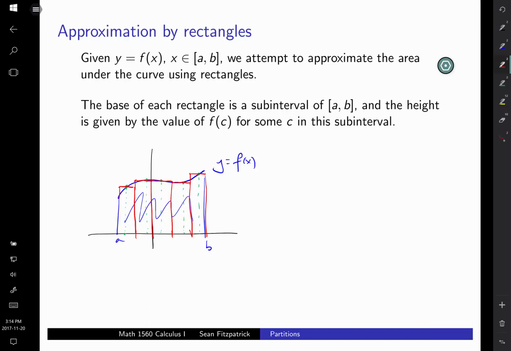And you can see that if we add up the area of those rectangles, these 5 rectangles in this case, it's going to give us a reasonable approximation to the area, right? The area of those rectangles tracks the area under that curve fairly well.